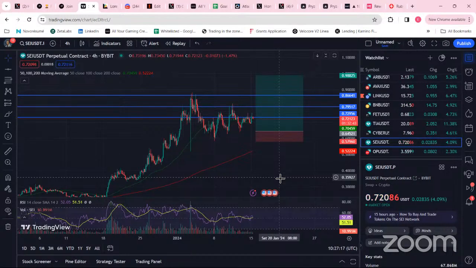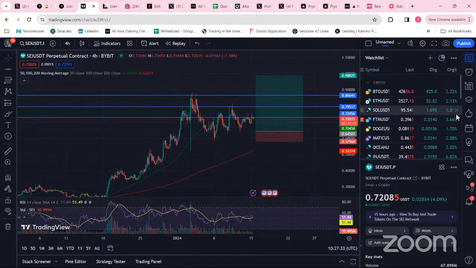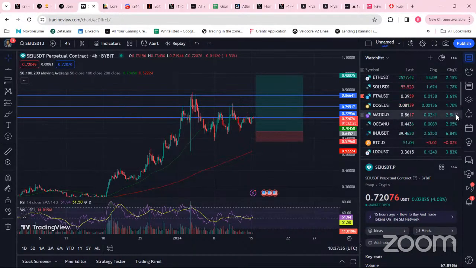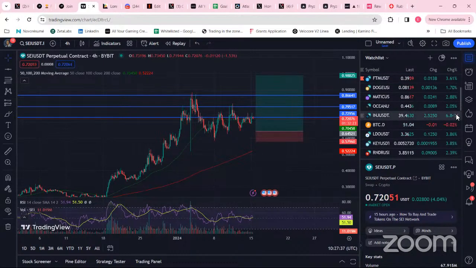It's a layer one blockchain. And we've noticed that since late last year, as the market started going up, a lot of layer ones are doing very well. Layer ones like Solana and Ethereum picked up really big this year.